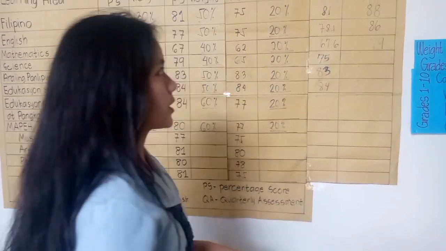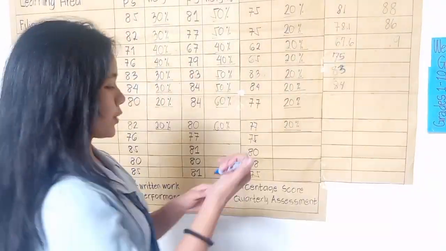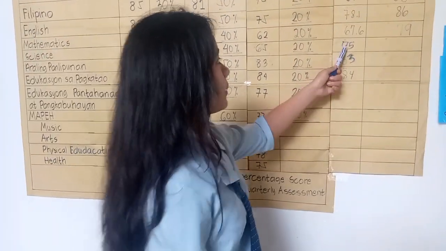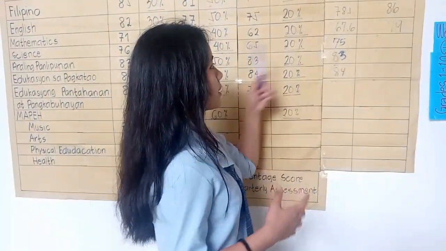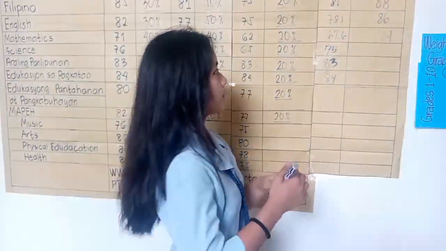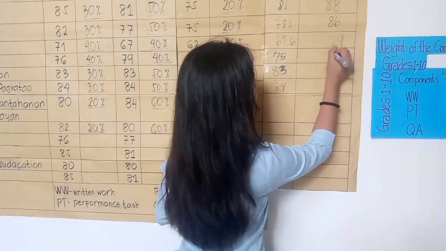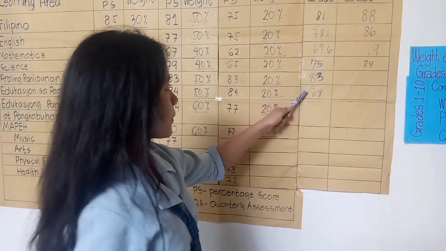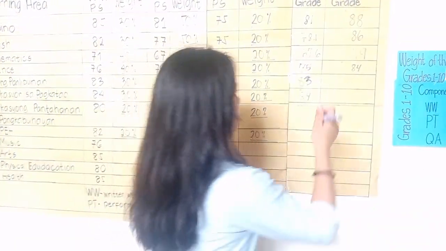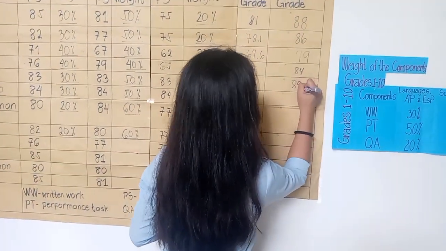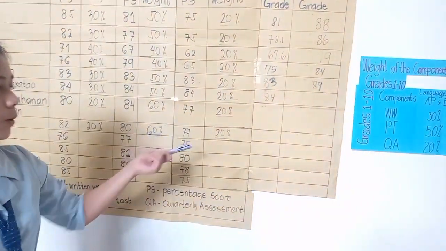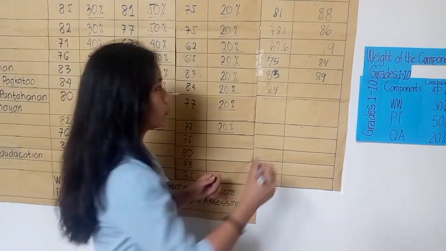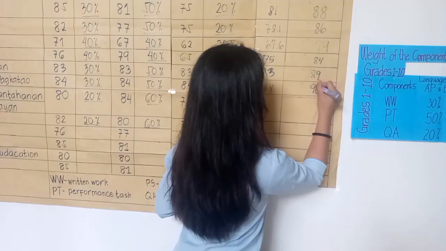So using that transmutation table, the 75 is transmuted to 84, and the 83 is transmuted to 89, and the 84 is transmuted to 90.